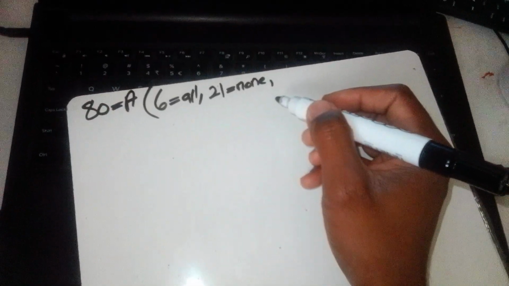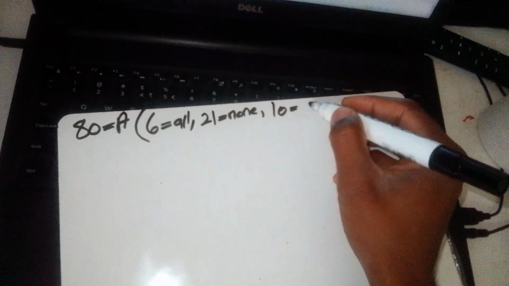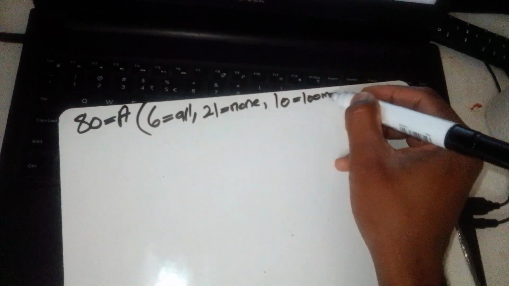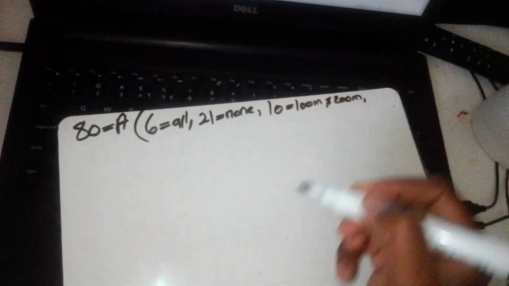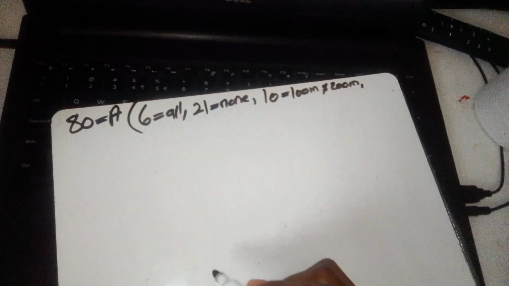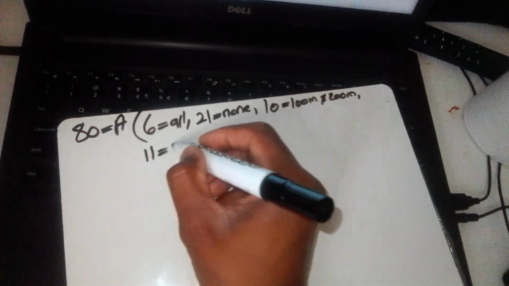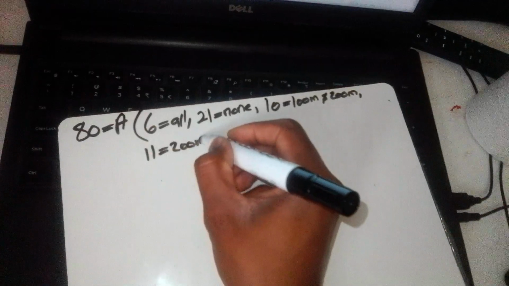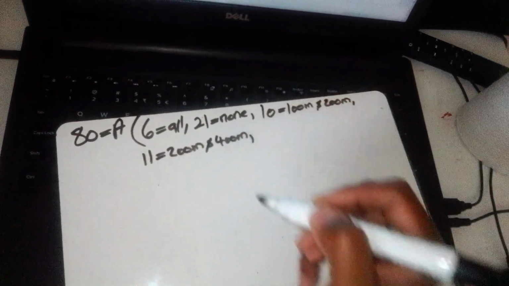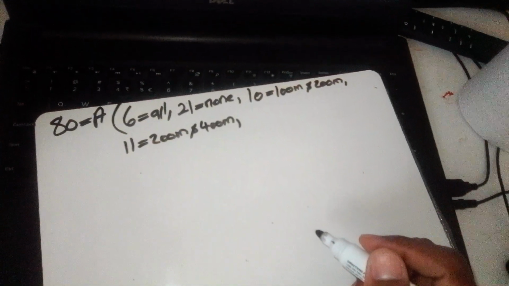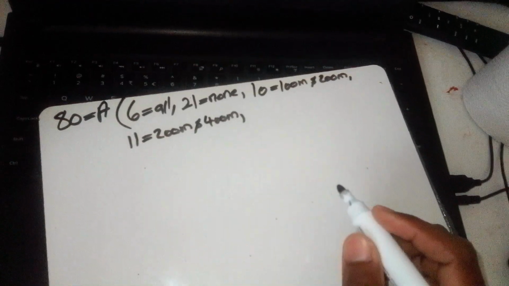So the 6 athletes entered the 100, 200 and 400 meter sprints. And 21 entered none. They say 10 entered 100 and 200, so 10 is equal to 100 m and 200 m. And 11 entered 200 and 400, so 11 is equal to 200 m and 400 m. And of the 21 who entered the 100, 10 entered nothing else.